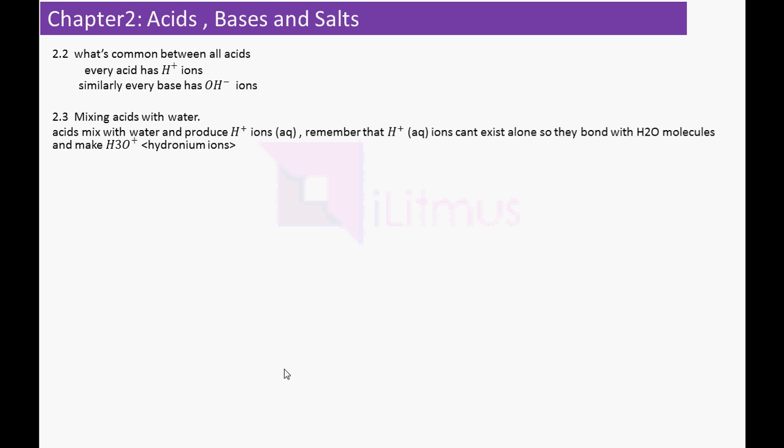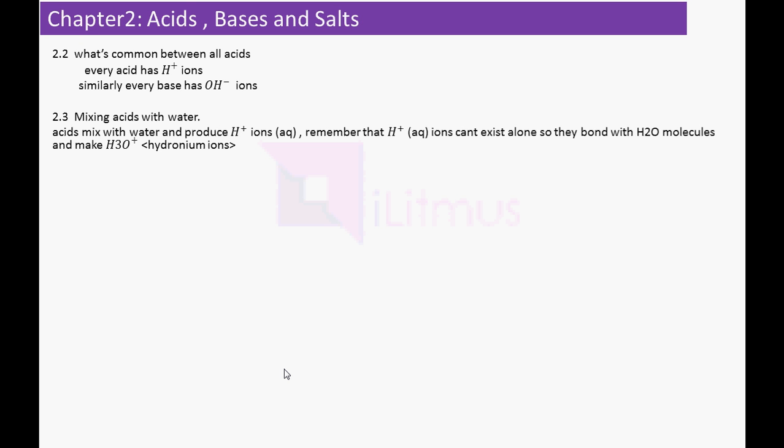It becomes ionized. Remember, H plus cannot exist alone, so it bonds with H2O molecules and makes hydronium ions. Generally H plus ions are very reactive, so they form bonds with H2O molecules. For your information, even normal water dissociates into H plus and OH minus, but then again forms H2O molecules.